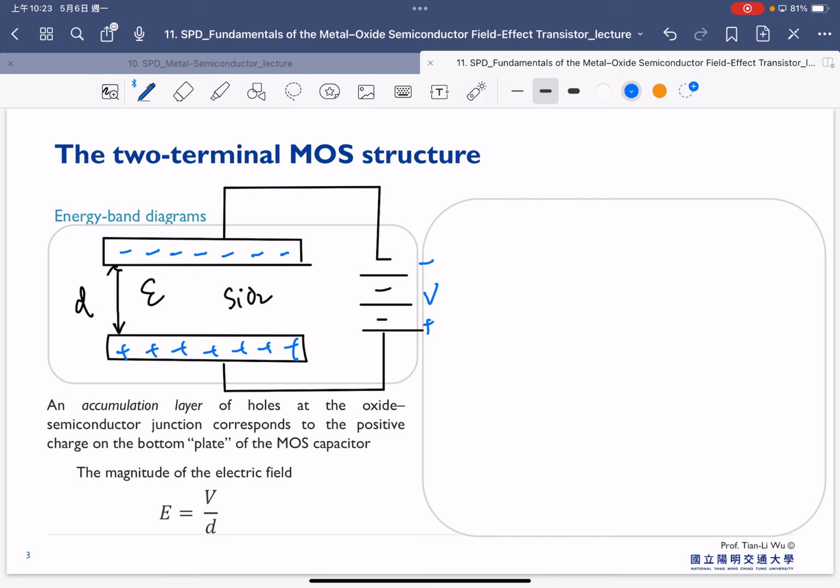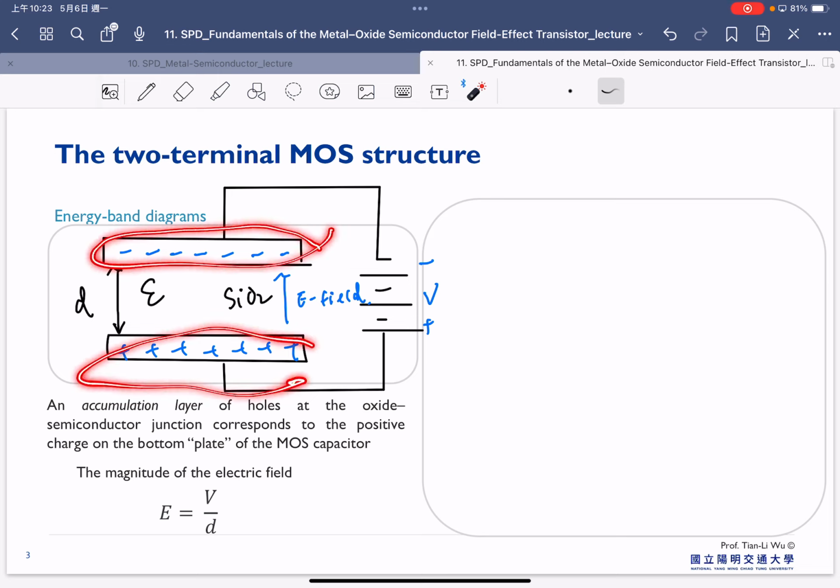So in this case we will have the electric field in these directions here. This is the case where we apply the negative bias. This is like having two plates with the SiO2 in between.